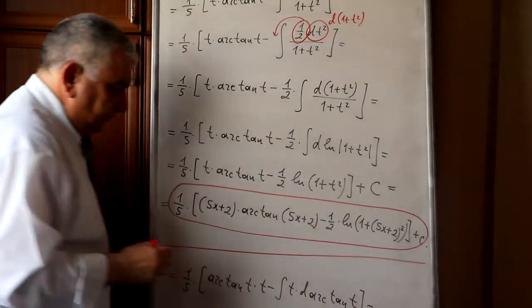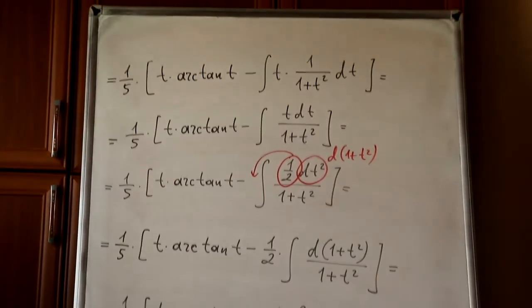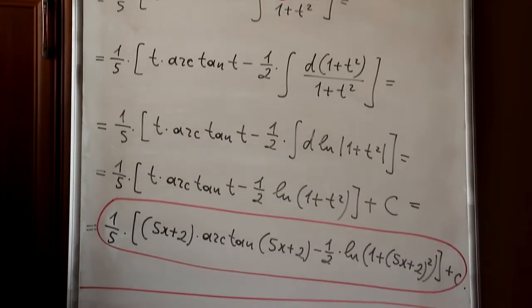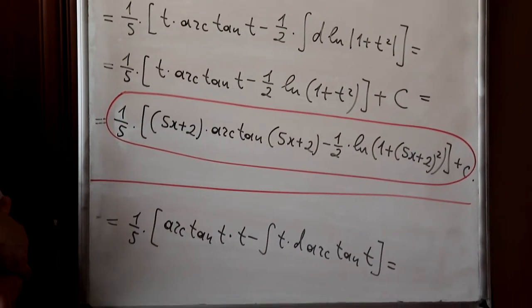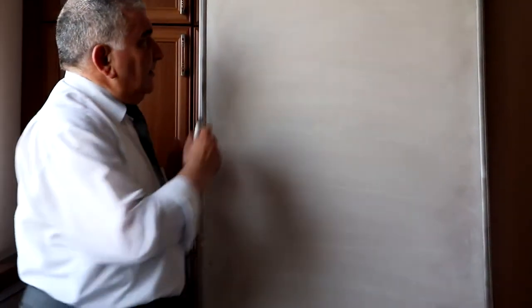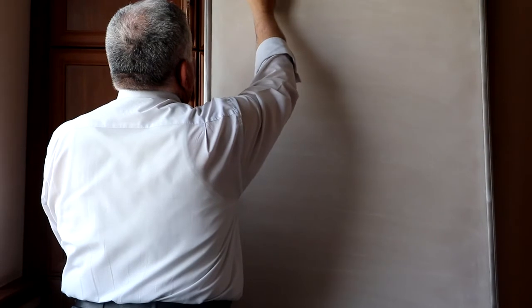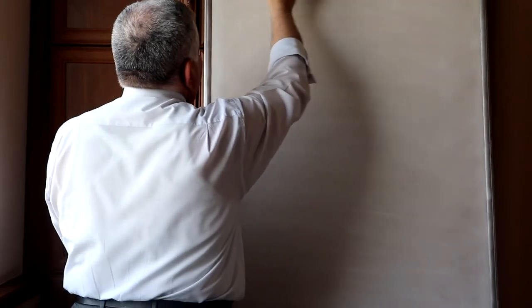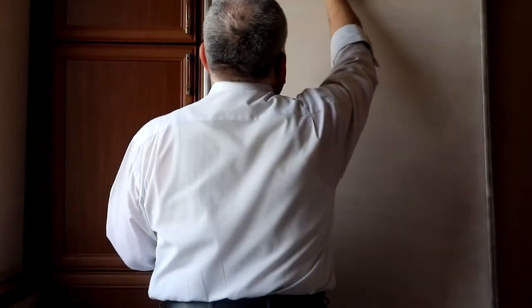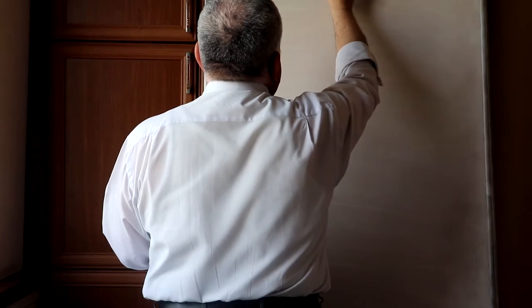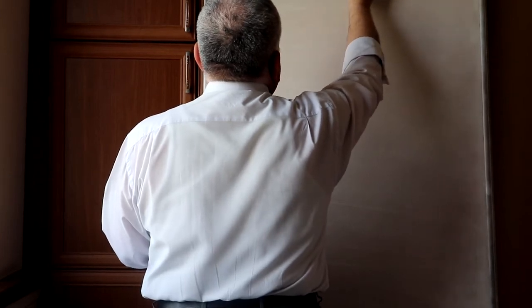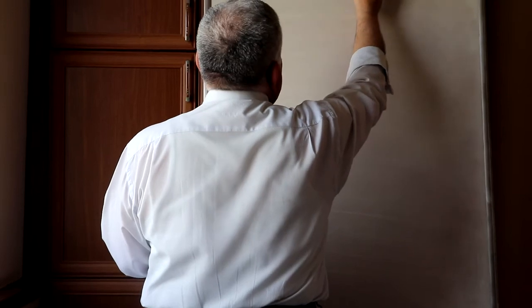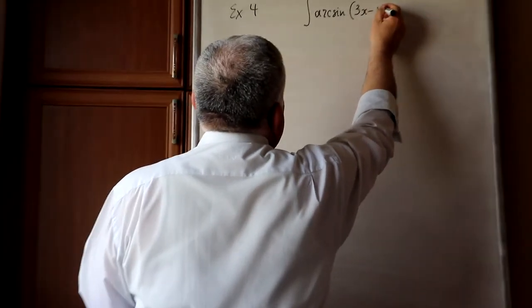And continue. Consider the last example, the fourth example. Find the integral of arcsine of 3x minus 4 dx.